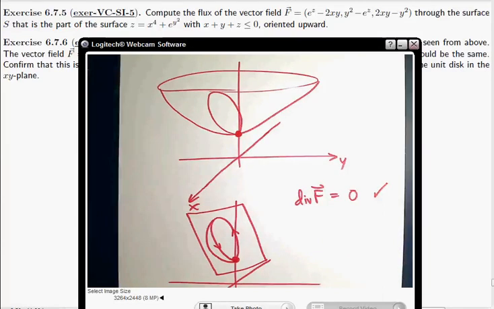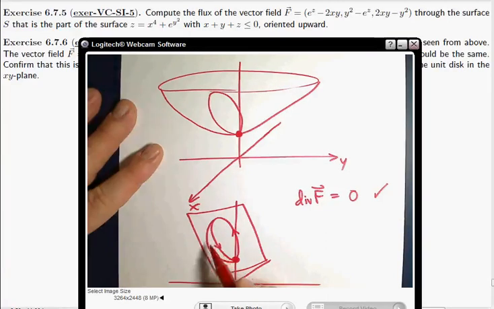Since the divergence is 0, we know a lot of things. For one thing, this vector field has an anticurl. We don't know how to find anticurls unless it's an easy situation, but nevertheless we know there's one. More importantly, we also know that this vector field is surface independent.